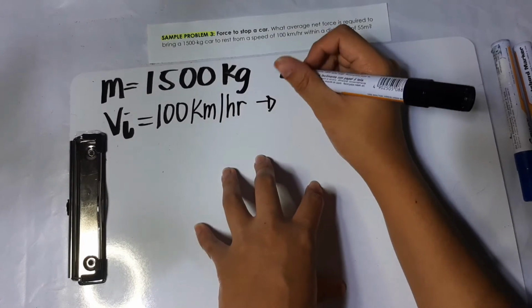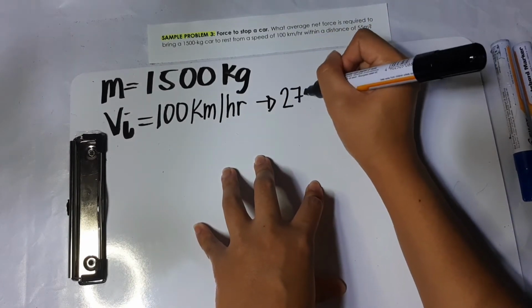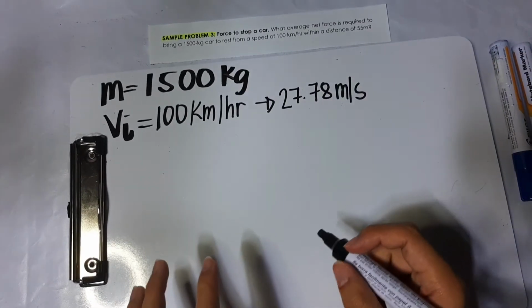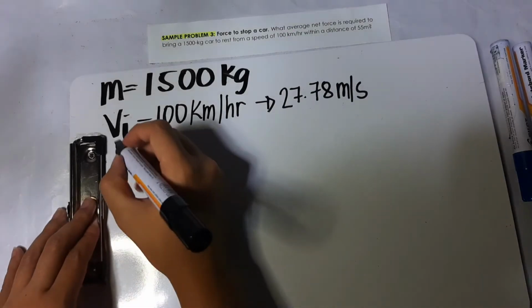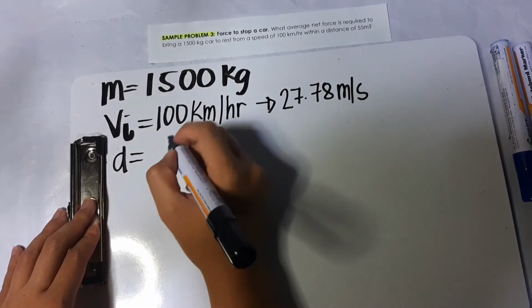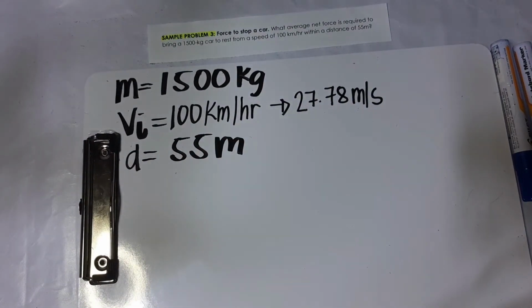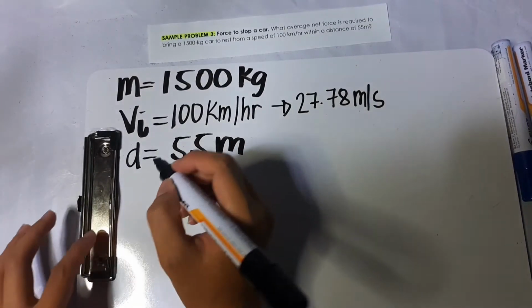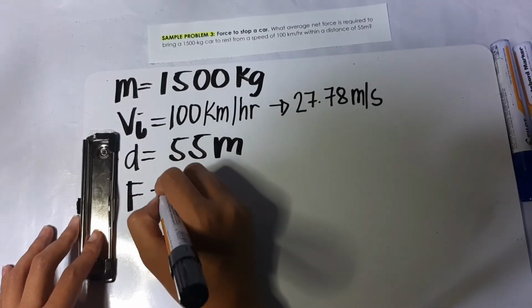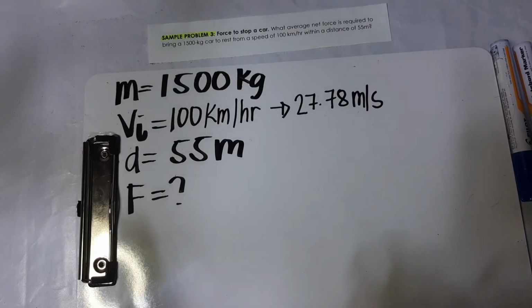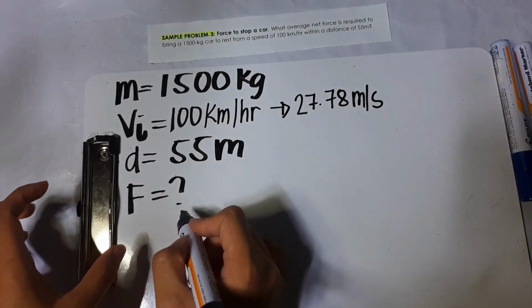The converted value will be 27.78 meters per second. And the other given is the distance, which is equivalent to 55 meters. Now, the unknown of the problem will be the force, or the net force.